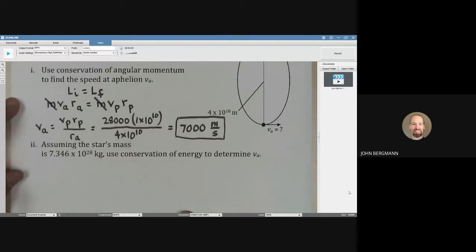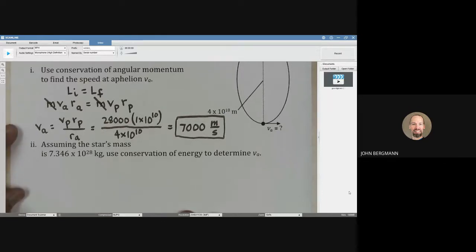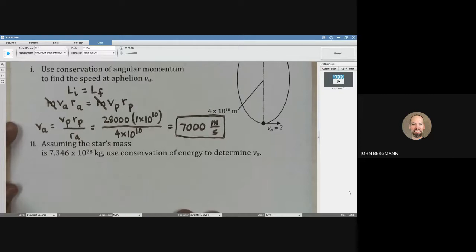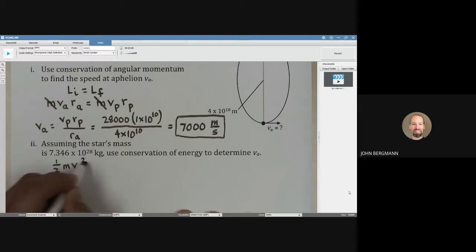All right, assuming the star's mass is given as that, use conservation of energy to determine the velocity at aphelion. So we're going to have kinetic energy at aphelion plus gravitational potential energy, which is a negative quantity.